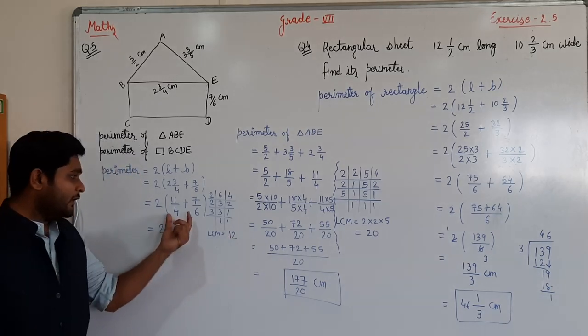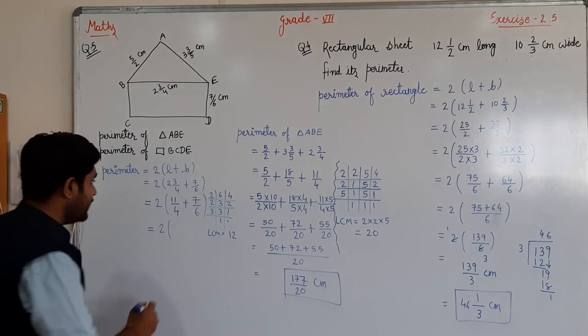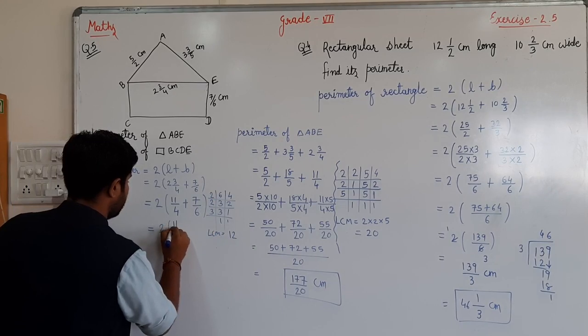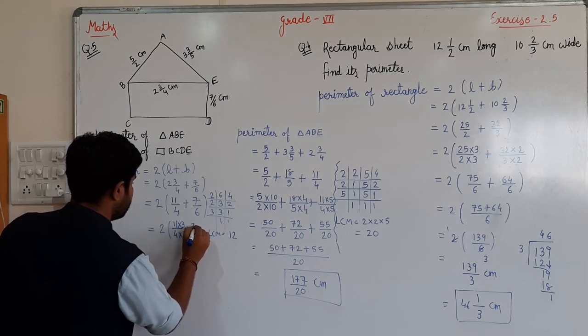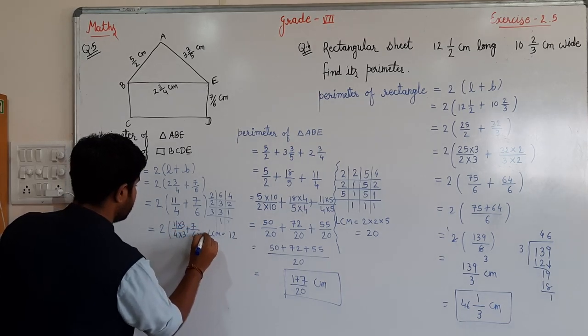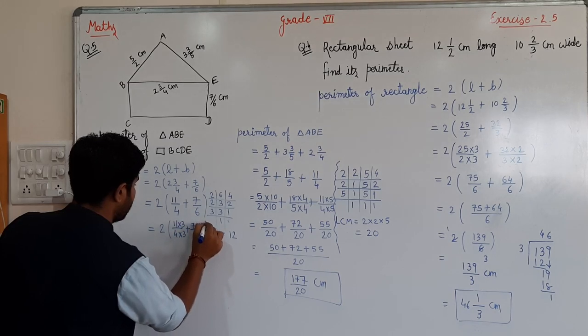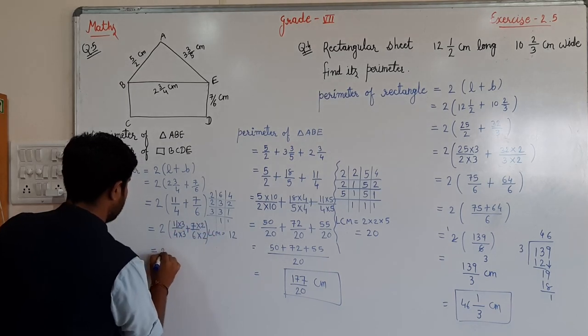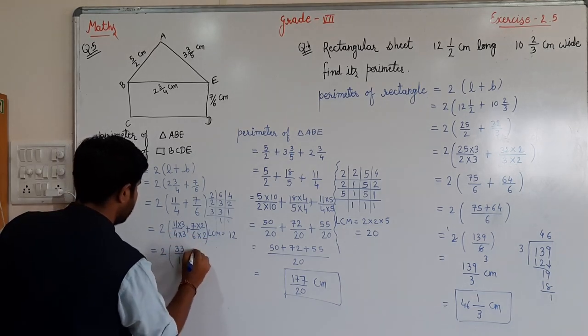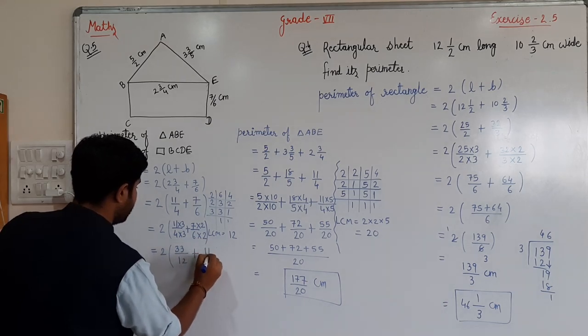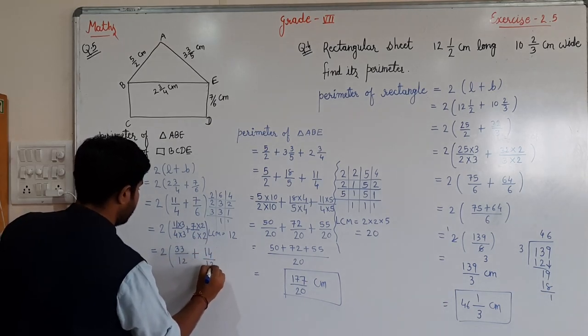In both denominators we want 12. 4 3s are 12, so 11 3s are 33, 33 upon 12, plus 7 upon 6: 6 2s are 12, and 7 2s are 14 upon 12.